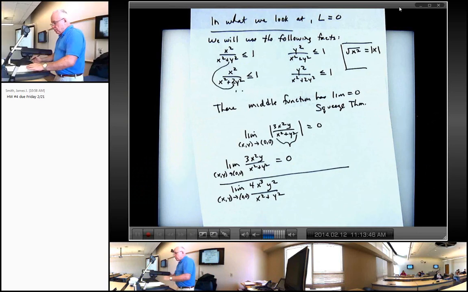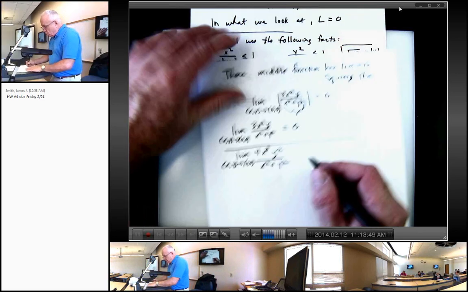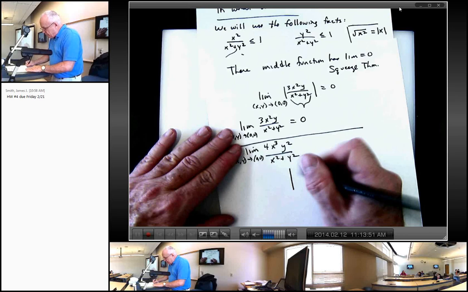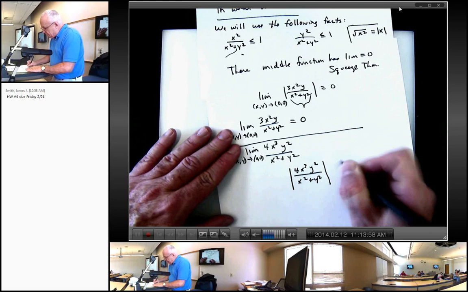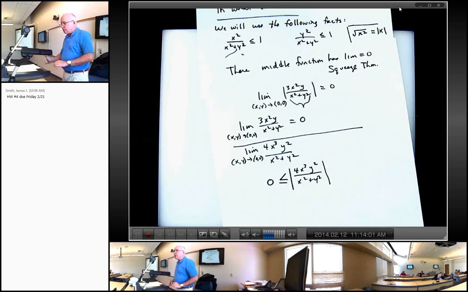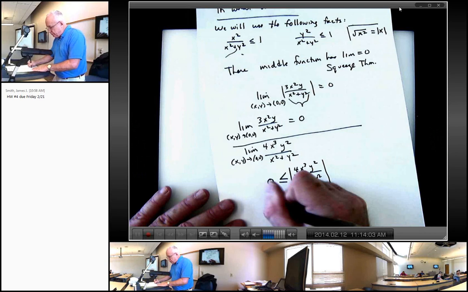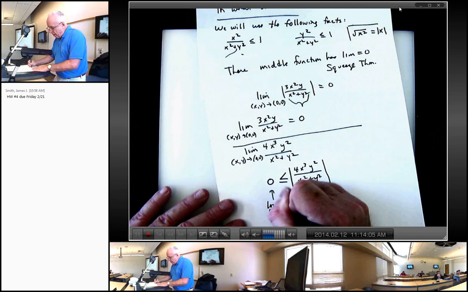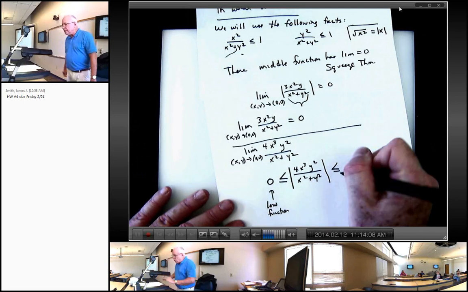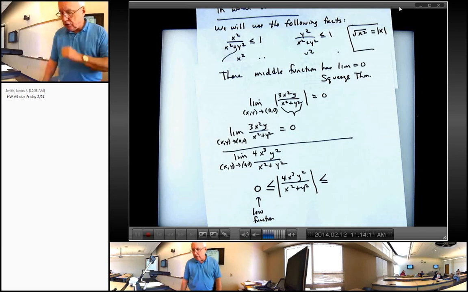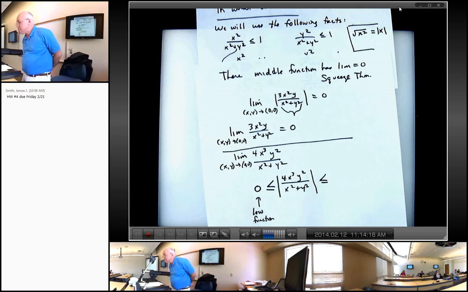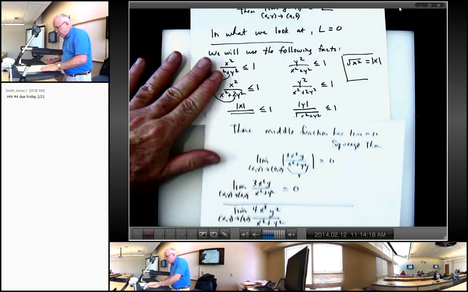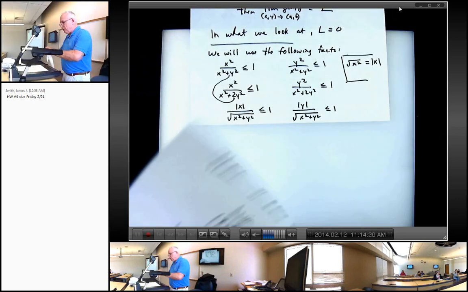Again, we're going to do the squeeze theorem. So again, we're going to look at the absolute value of 4x to the third y squared over x squared plus y squared. And that's going to be bigger than or equal to 0. So this is, again, our low function. But with my inequalities, I can make this less than or equal to what? Here's my list of inequalities up here.